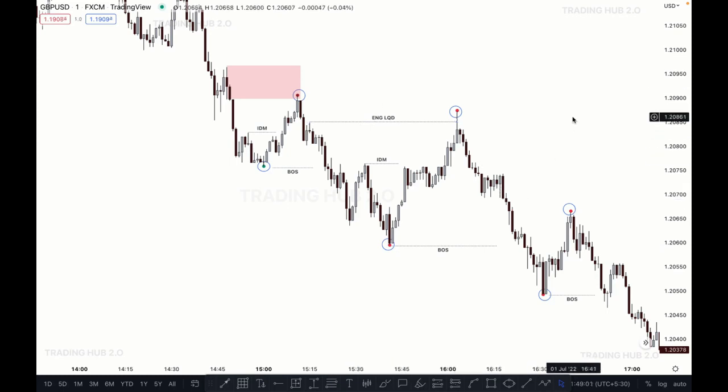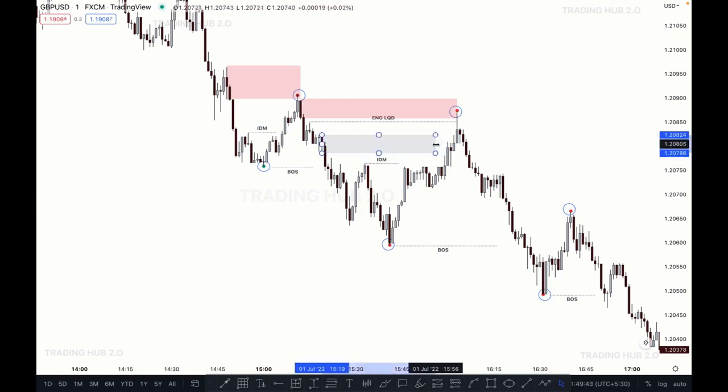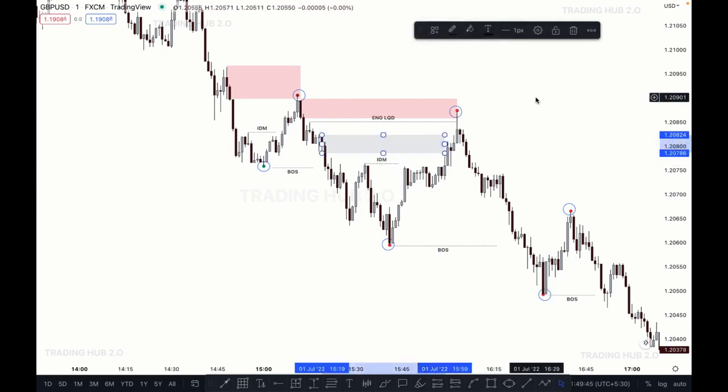Remember one thing: inducement is a 50-50% probability setup, and engineering liquidity is a high probability setup, because once the market breaks this high, that means momentum has shifted from bearish to bullish. And if you take a trade based on the inducement, it is a 50-50% chance of the probability going in your direction, and maybe against you.